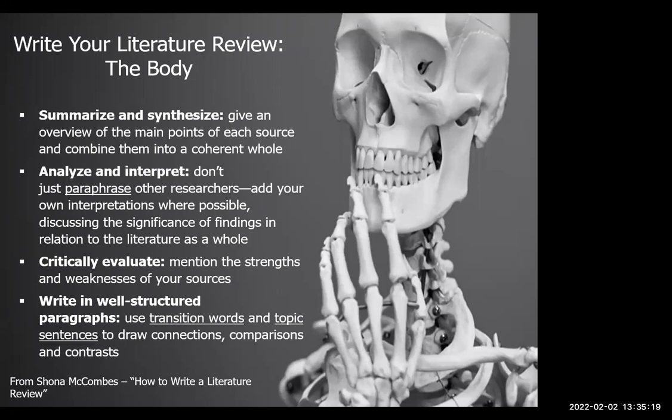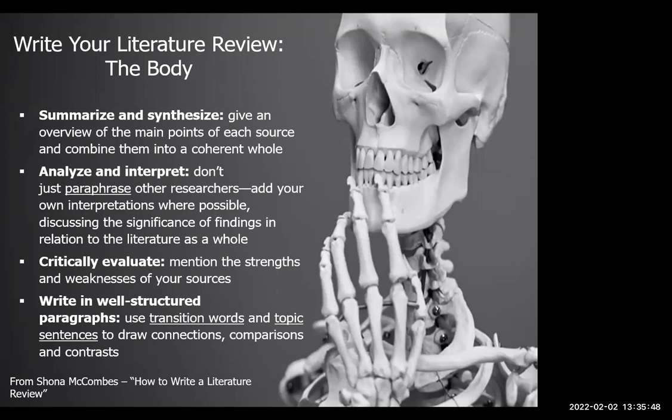When you're summarizing the information, lead the discussion into how all of them relate to each other, and put that information in the summary. You want to analyze and interpret. Don't just paraphrase other researchers because that has already been said. In your own words, you want to add your own interpretations where possible, discussing the significance of the findings in relation to the literature as a whole.